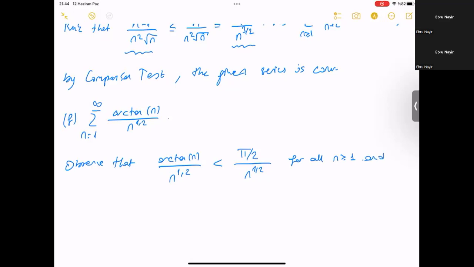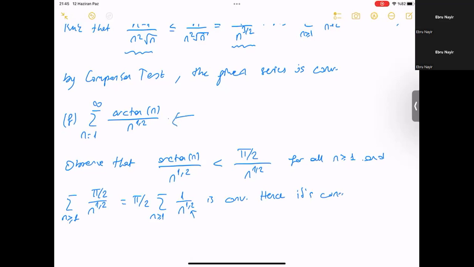And similarly, we have this series pi over 2 times 1 over n to the power. We can write it in this form, and this is convergent because we have something greater than 1 as the power of n. Hence this given series is convergent by the comparison test.